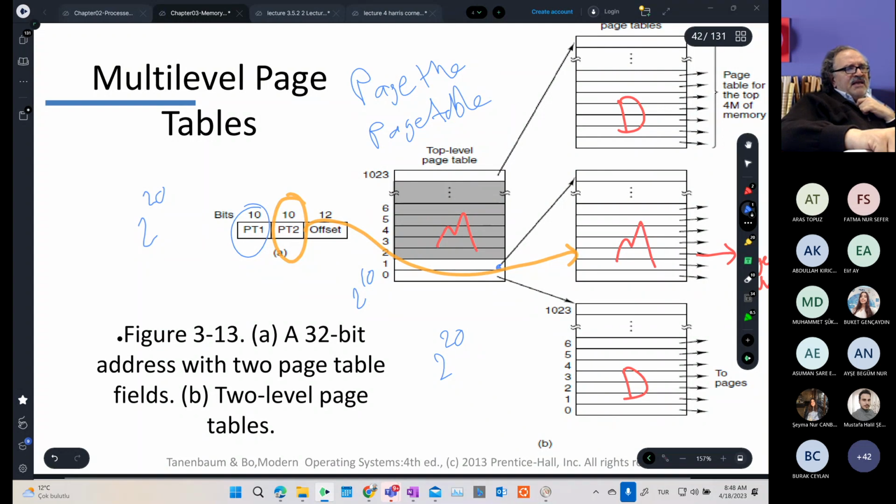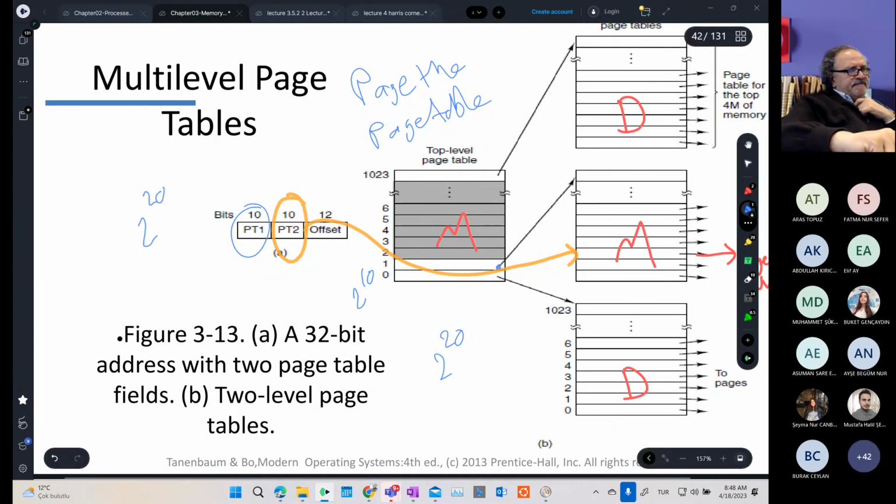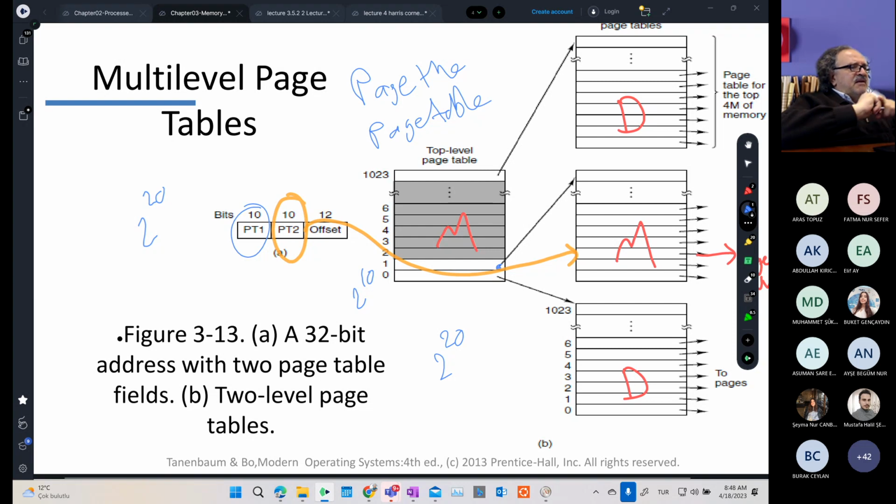And the principle of locality helps me keep the rest of the page tables on the disk. On the disk, I can afford to have gigabytes of space, because disk is a very large space compared to the memory.